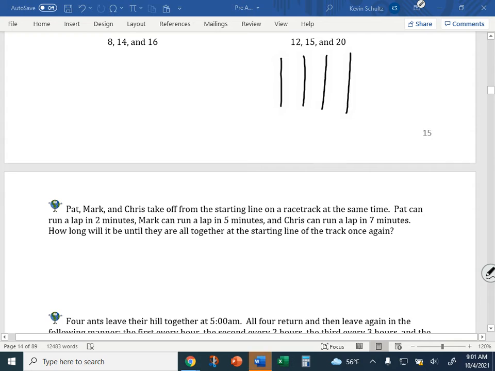So to make our grid, okay, 12, 15, 20. What number goes into all three? Camille. 2 does not go into all three. Oh, what'd you say? You said 3.